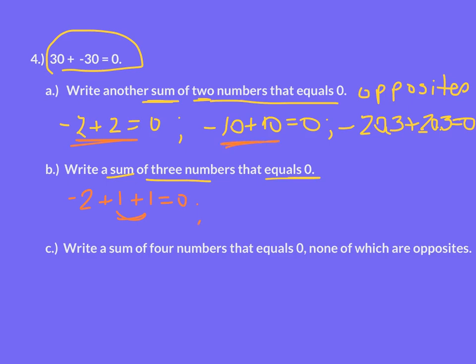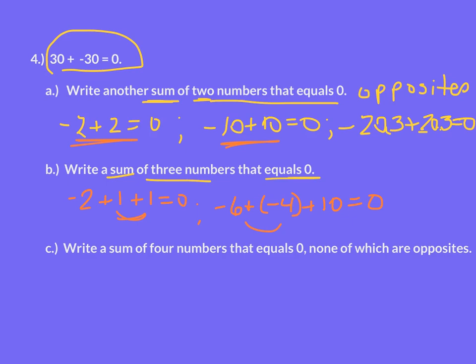I could break down my negative 10 to negative 6 plus negative 4 plus 10 equals 0. Right here gives me my negative 10. So I'm ultimately getting to the point where they are opposites, but they're not.